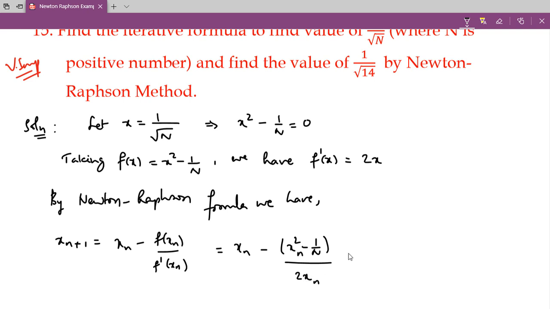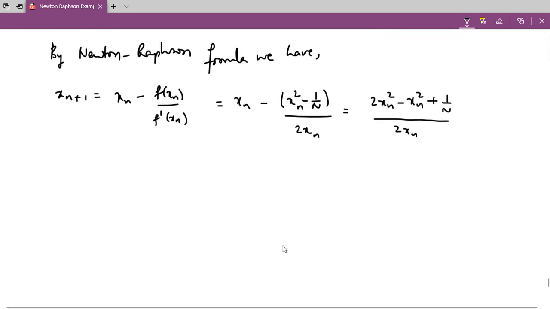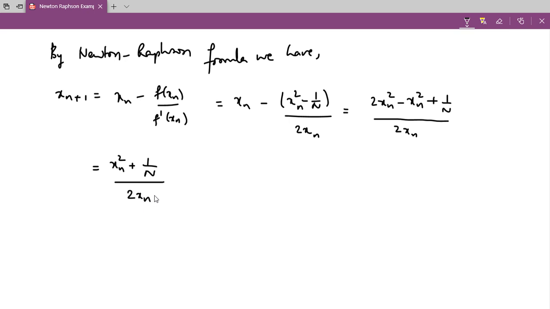So now take the LCM. So this is going to be (2xn² − xn² + 1/n) divided by 2xn. So this gives us 2xn² − xn², which is xn² + 1/n, divided by 2xn.